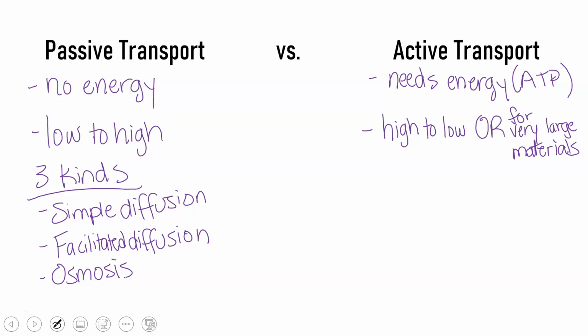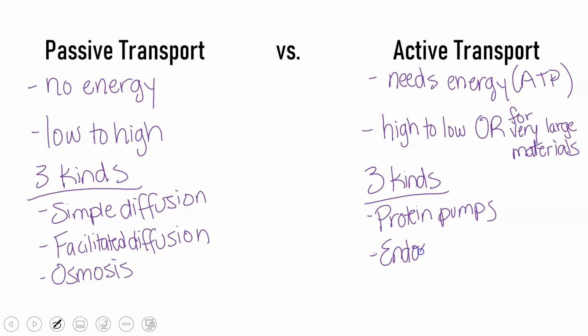Whereas for active transport, our 3 kinds are protein pumps, endocytosis, and exocytosis. All right, we have made it to the end.